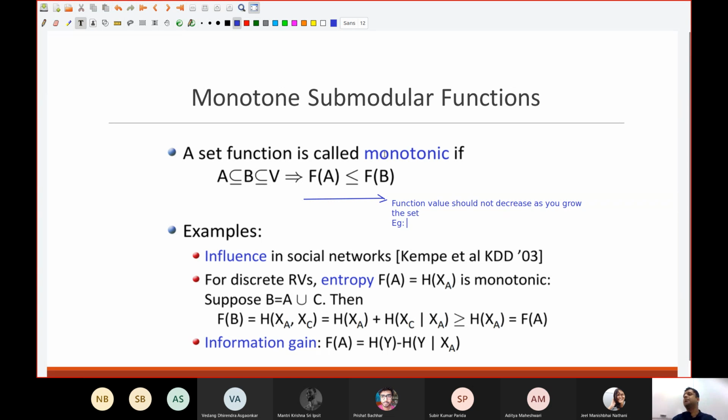A canonical example of this is the cardinality function, so it's monotone. What else is it from the previous slide? It's also modular. The size of a set is the sum of the sizes of the individual elements in the set.